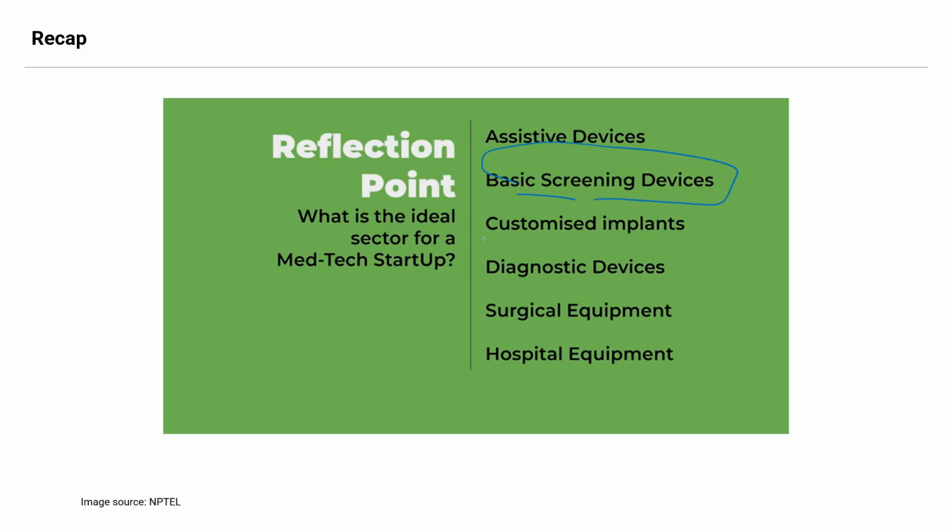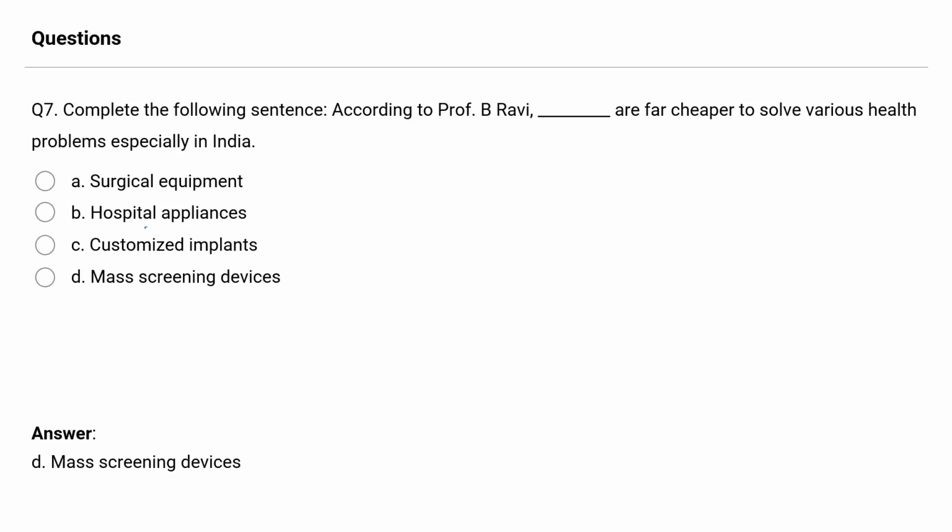So these are quite cheap as compared to surgical equipments and those which are at a high risk stage. So the correct answer, what you have suggested, is option D. Very well done. It is the mass screening devices. Well done, guys.